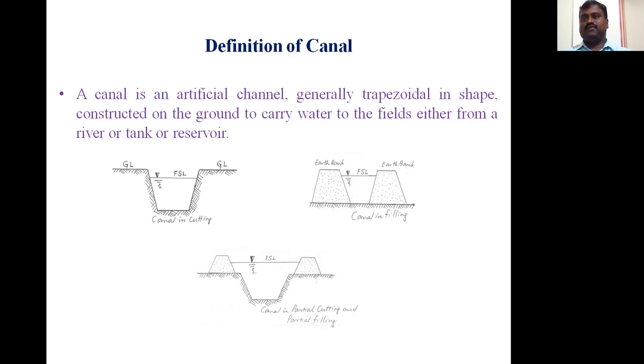And in some case, a canal is constructed by partly cutting the ground and partly filling, in which case it is termed as canal in partly cutting and partly filling.